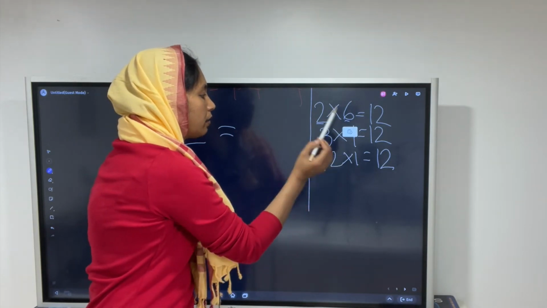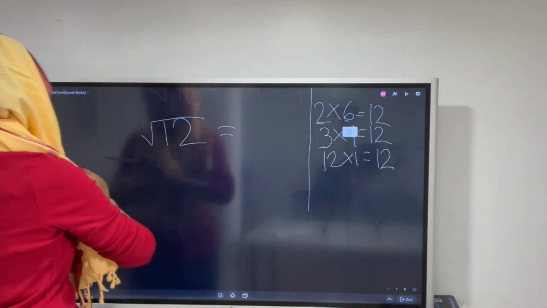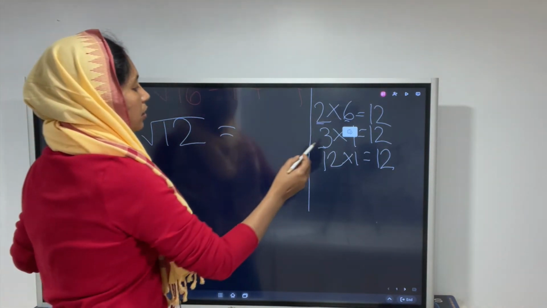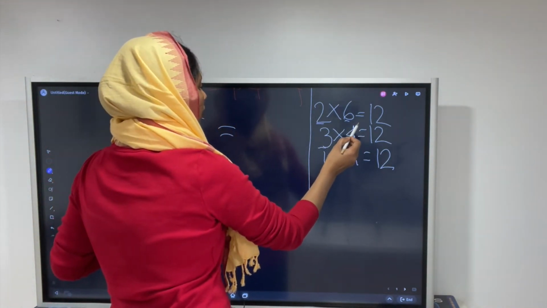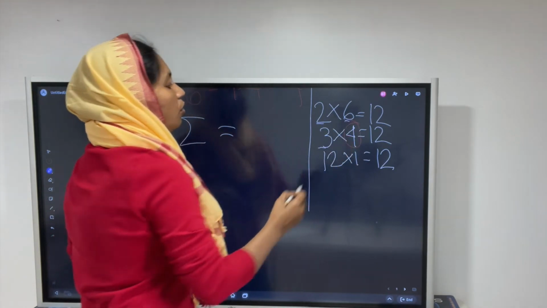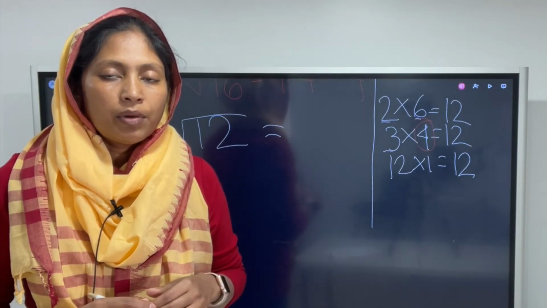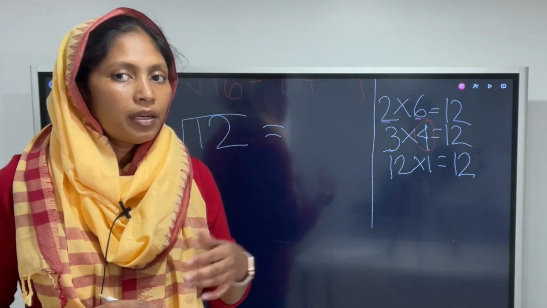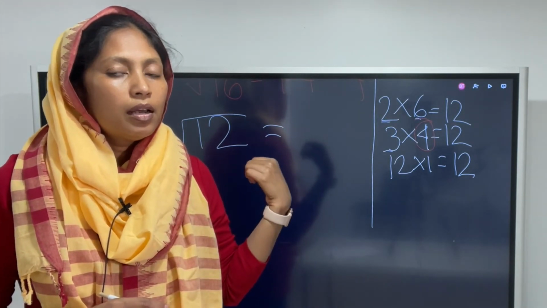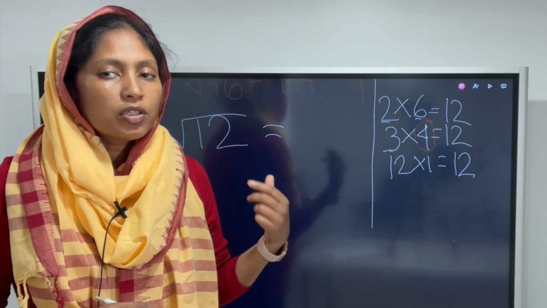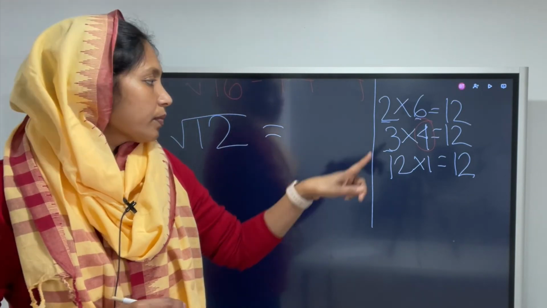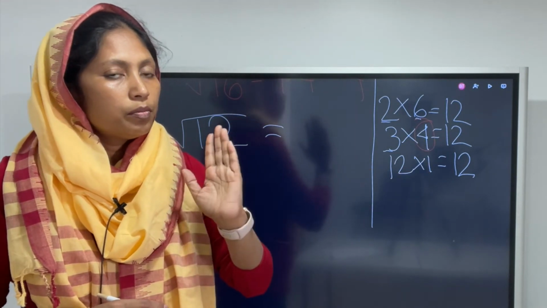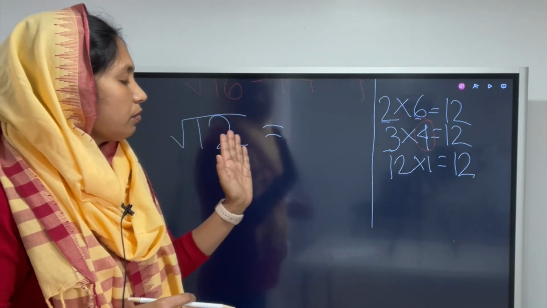But the 4 has a perfect square. So which two identical numbers do we need to multiply to get 4? 2 times 2 is 4, right? Remember it from our last lesson. Square root of 4 is 2, right? So then we can use this one to break it down.